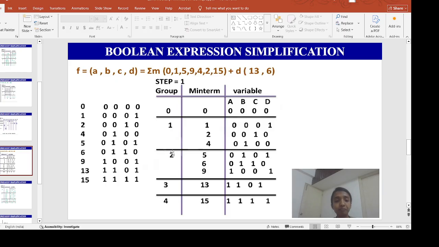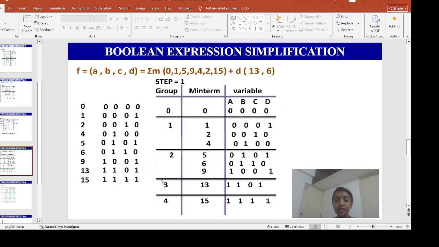Then we have to identify the groups where the number of ones is 2. So these are min terms 5, 6, 9. Then the same process as the beginning, the previous one.